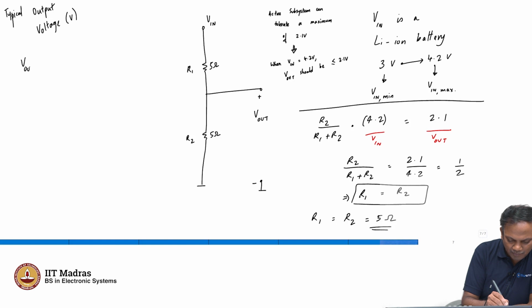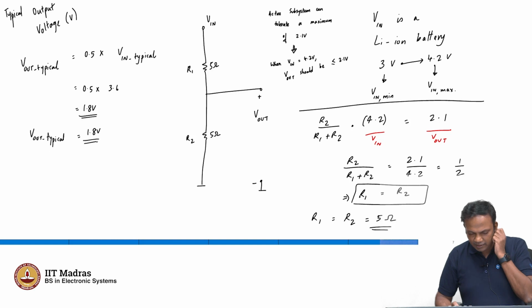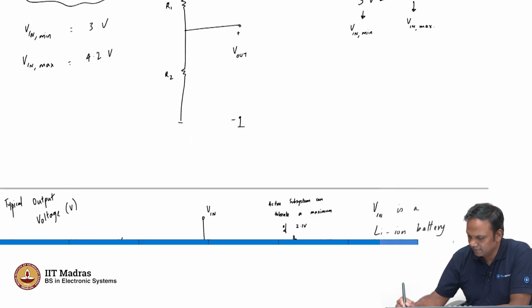So, V out typical is 0.5 times V in typical, which is 0.5 into 3.6, which is 1.8 volt.